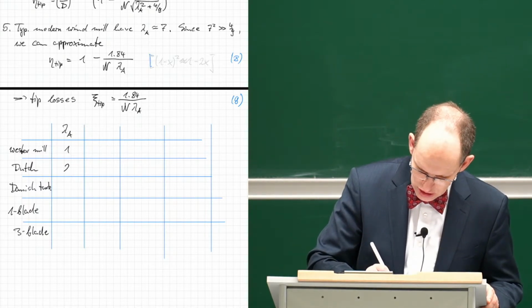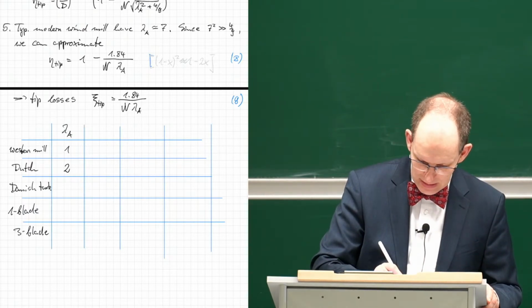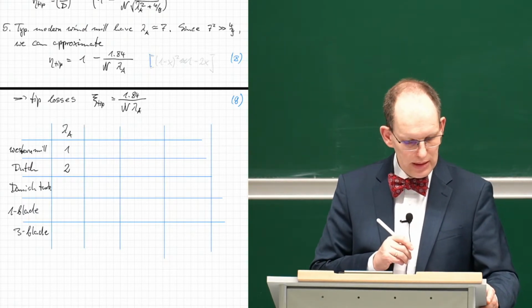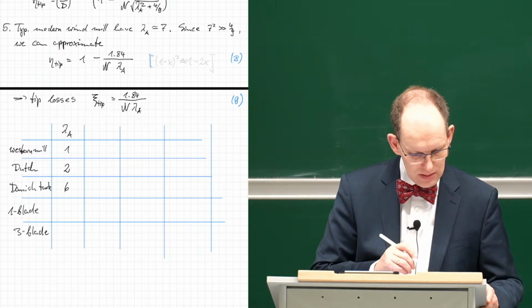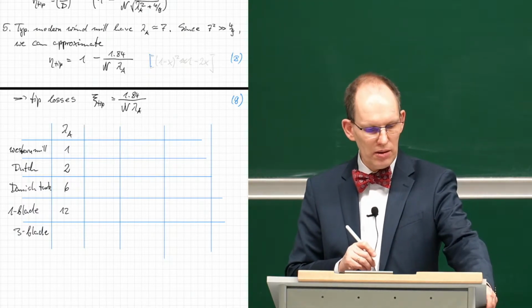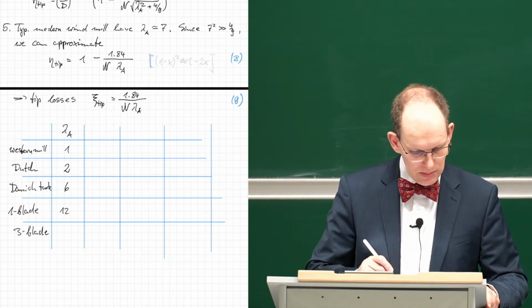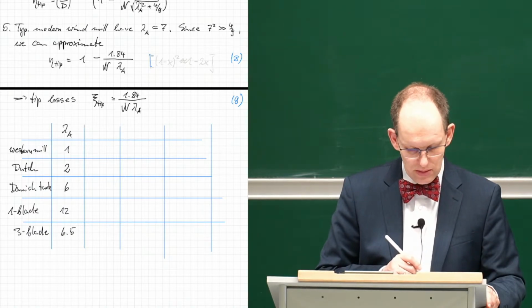For the old style, hundreds of years old Dutch windmills, it's 2. The Danish turbine, 6. So pretty modern windmills already. For the one-blade turbine, these experimental turbines, 12, and here 6.5 or so.